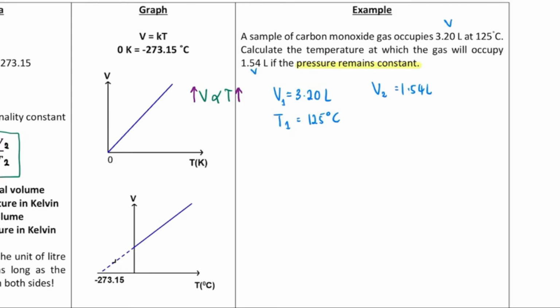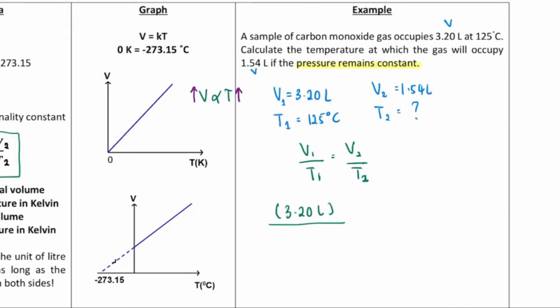So maksudnya kalau volume tu dah rendah, temperature dia pun akan rendah lah. Tapi berapa ditanya. So kita nak pakai formula V1 over T1 equal to V2 over T2. So V1 kita adalah 3.20 liter.